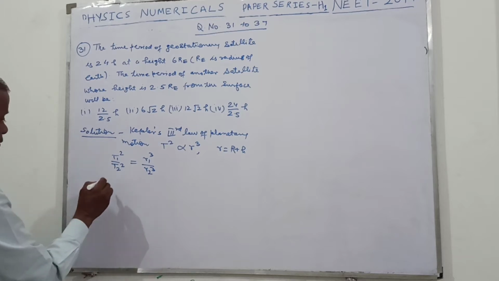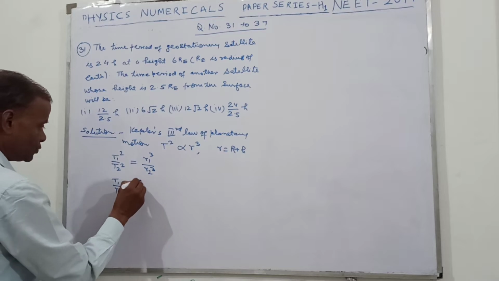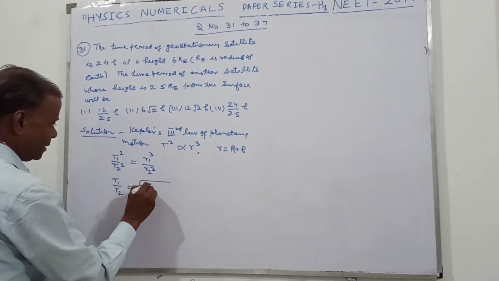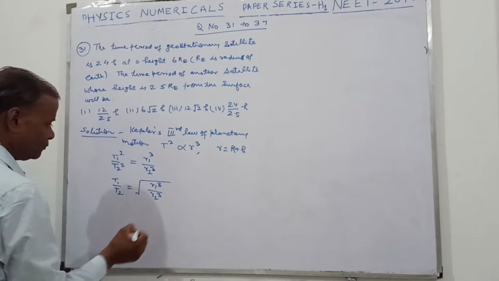Or to find the time period, T1 upon T2 equals square root of R1 cube upon R2 cube.